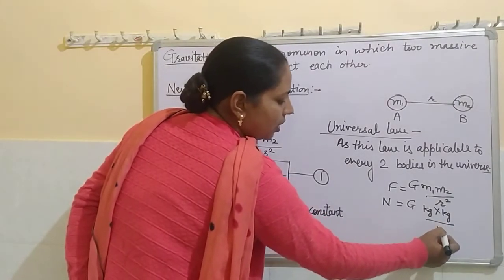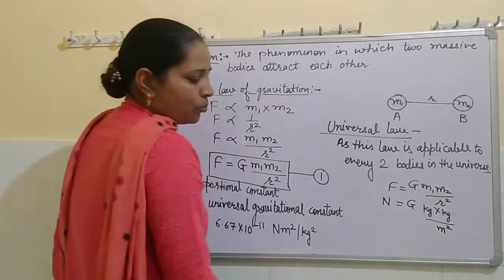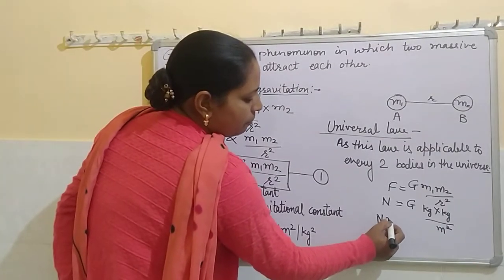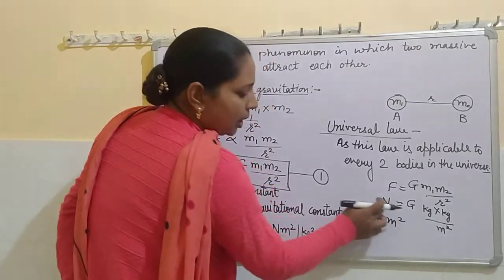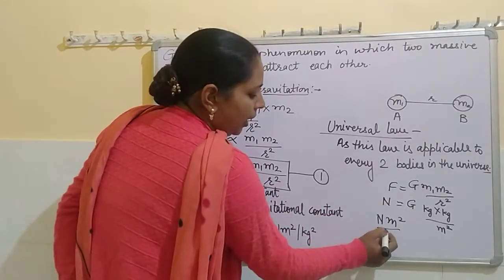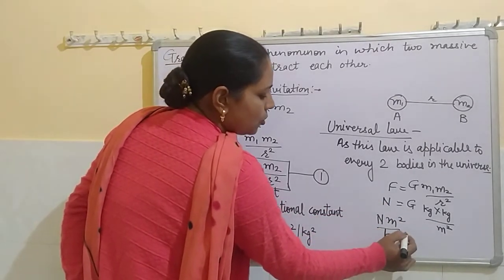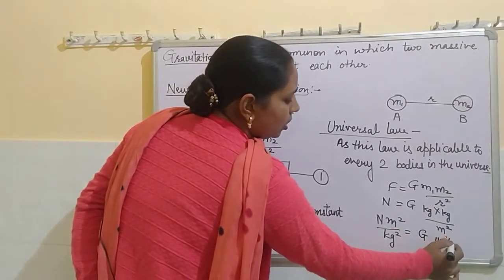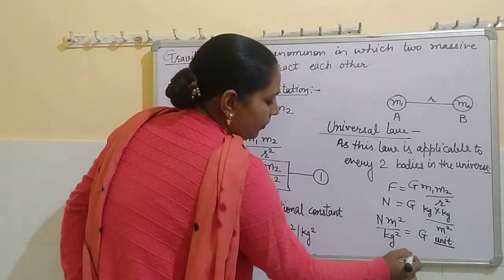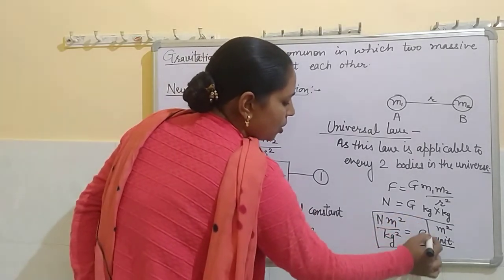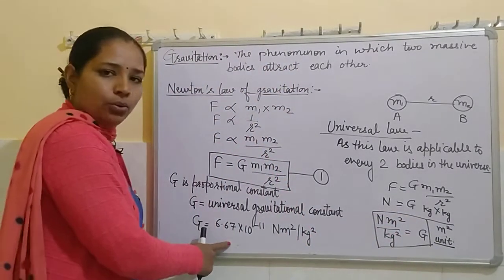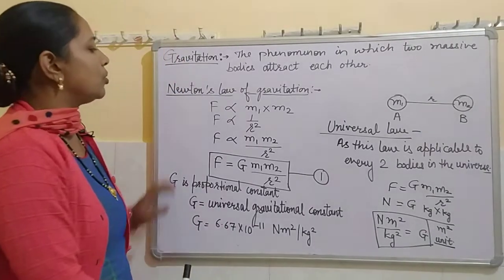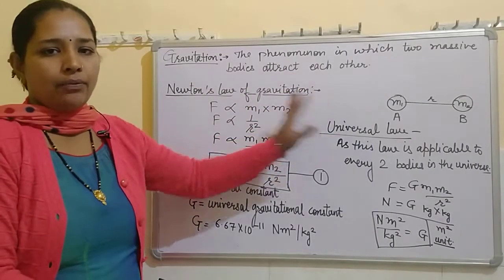Distance is measured in meter. So we arrive at the unit Newton meter square per kg square: we multiply meter square on this side and divide by kg square. So this is the unit for the gravitational constant. This gravitational constant has a fixed value and a fixed unit also. This is all about Newton's law of gravitation.